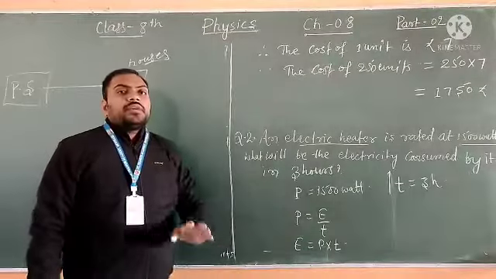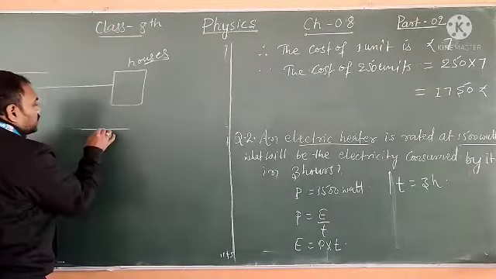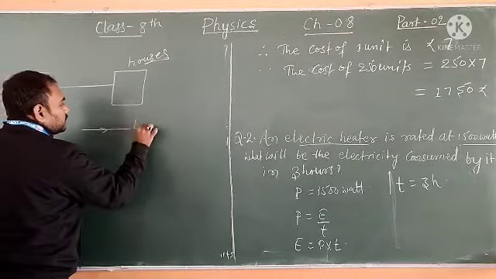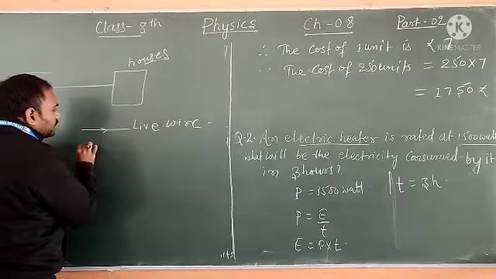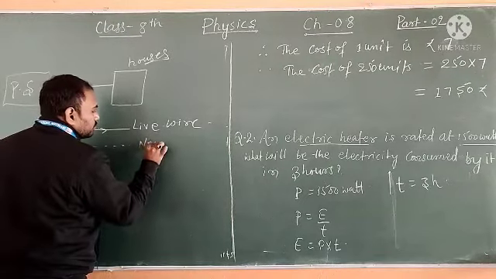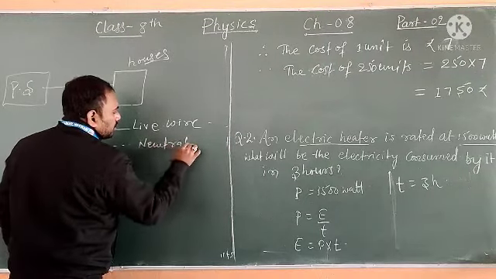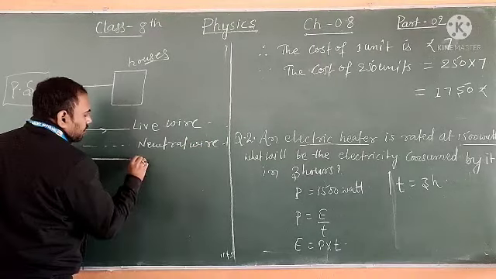In wiring, we will use 3 types of wire. One is live wire, another is neutral wire, and the next is earth wire.